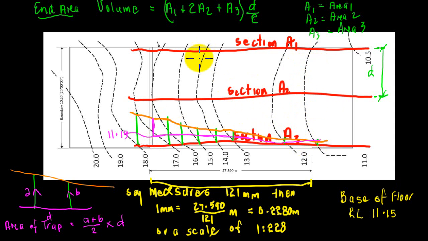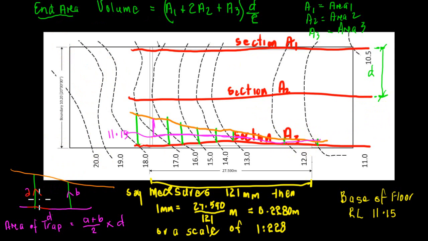Now we need to work out the area of those. Perhaps the easiest way, given that you've measured them, is to use the little formula for the area of a trapezium, or a triangle may occur at the front here, which is, as you know, half the base times the height.